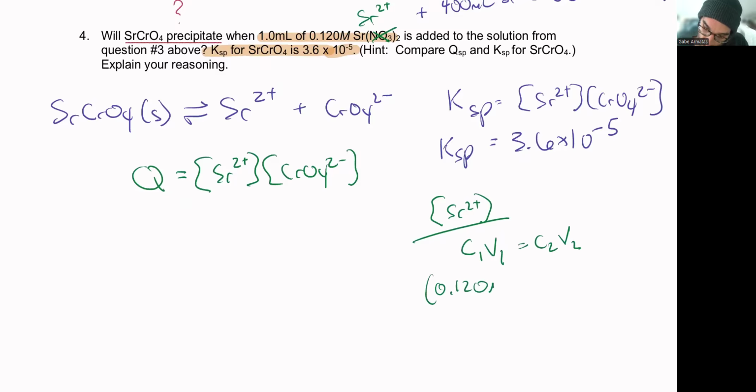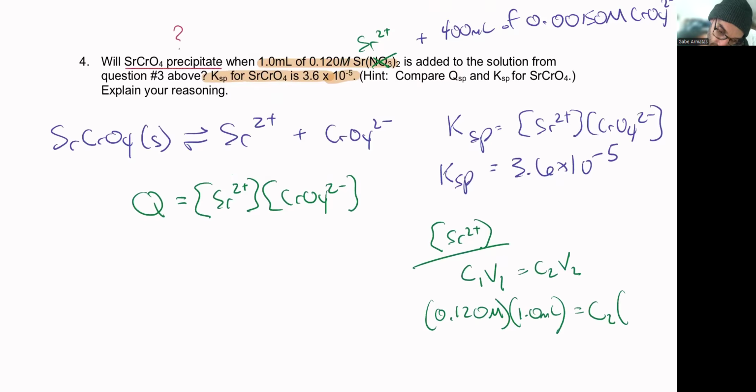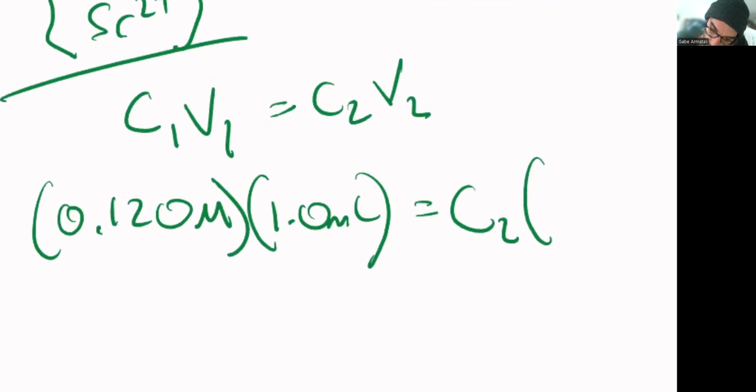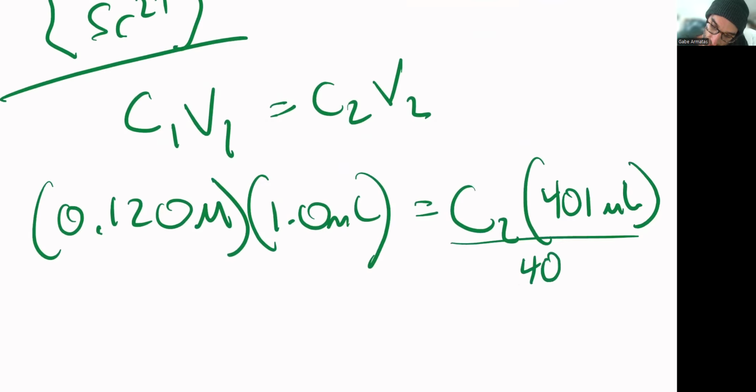That's the original concentration, and we had 1 milliliter of that. The new concentration is what we're interested in. What is the new volume? Well, we combine together 400 mL and 1 mL for a volume of 401 milliliters. Divide both sides by 401 milliliters. This cancels.